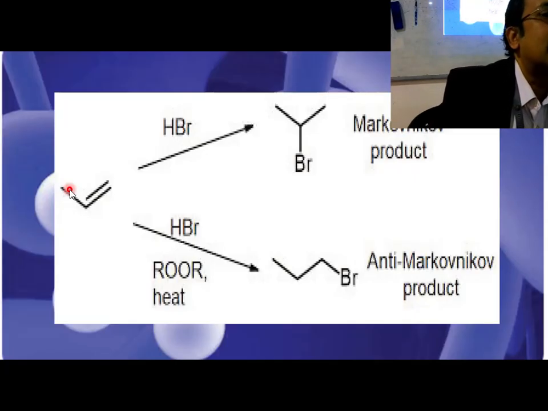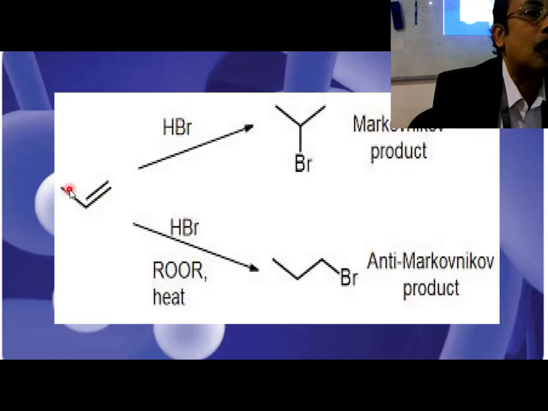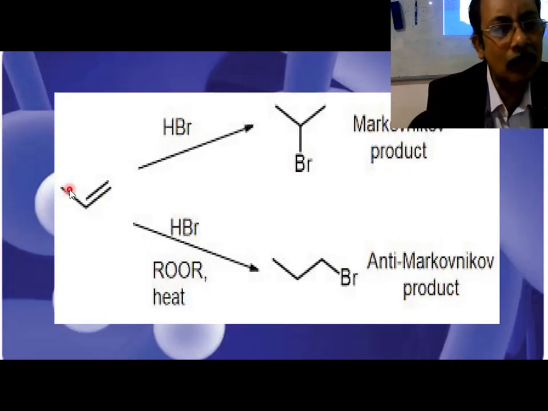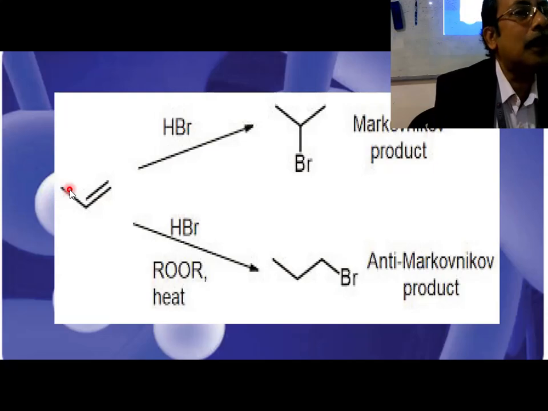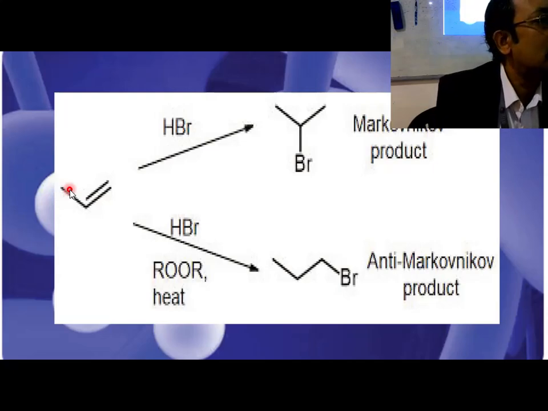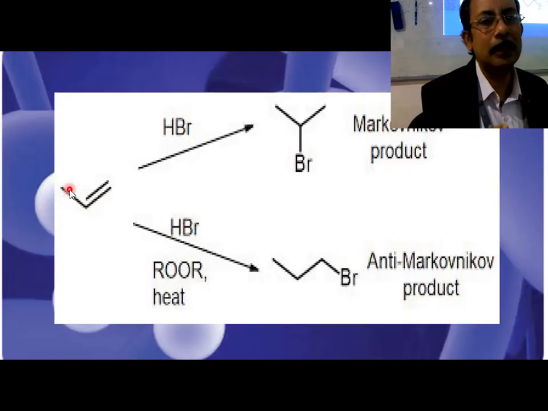Termination is the end. How will it end? Obviously one of the reactants must be consumed completely, maybe the alkene is consumed or the HBr is consumed. If one of them is consumed, the reaction must stop. That is called termination. In that case, what will be the termination mechanism?